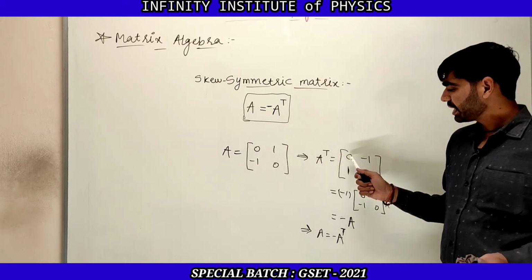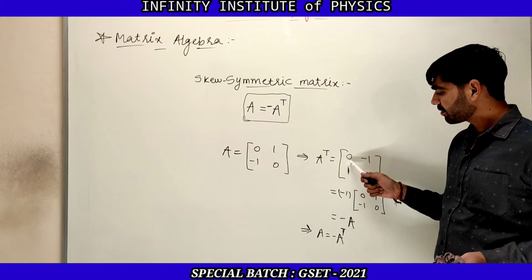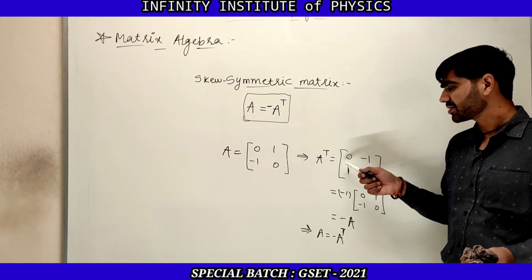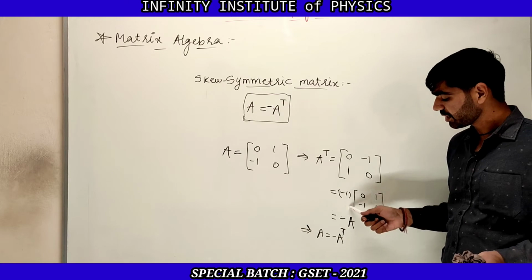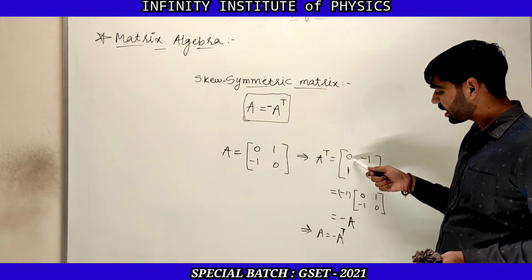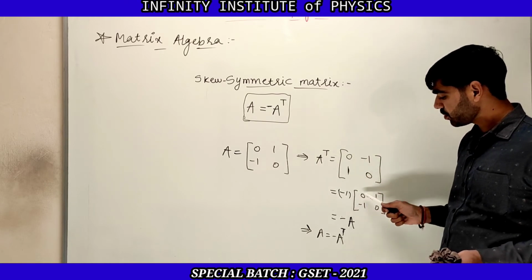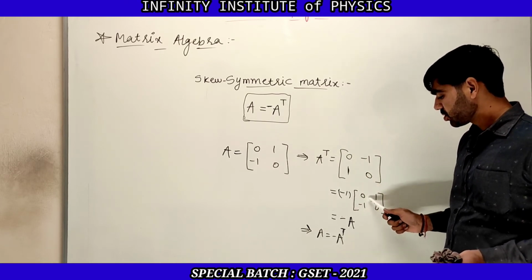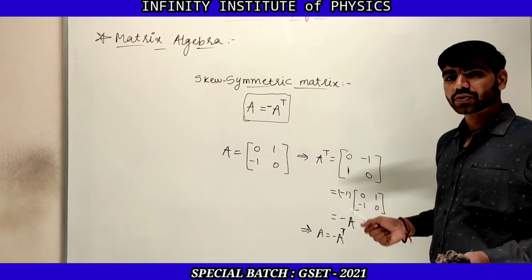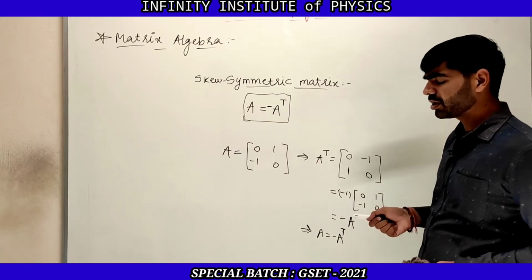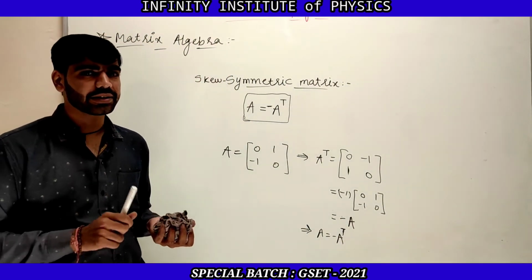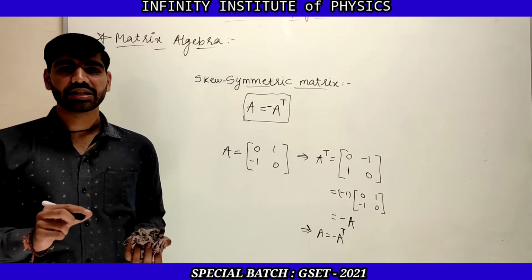So now whenever we take that minus common, here it will be minus 1. Then we cannot write it as matrix A, because in matrix A we have plus 1, and after taking minus 1 common we are getting minus 1. So this matrix you cannot write as A. So that's why in skew symmetric matrix, the principal diagonal entries are always 0.